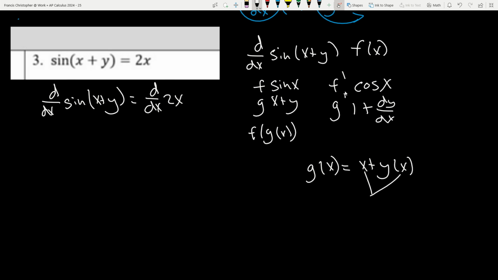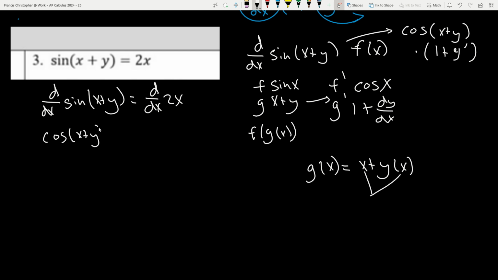So now we put this into here. I'll just use an arrow. Cosine of x plus y times g prime. So 1 plus y prime. So we get cosine of x plus y times 1 plus y prime equals normal power rule, so just 2.